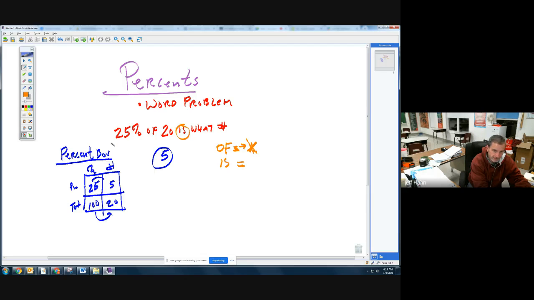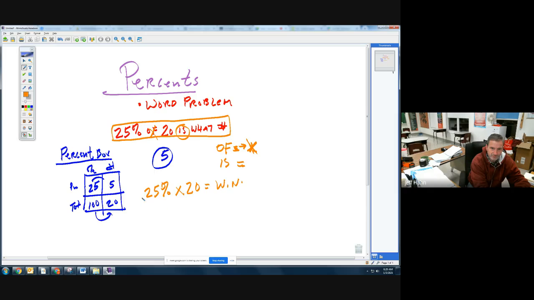If you change those two words into mathematical symbols, you end up with 25% times, the word of is times, 20 equals what number?